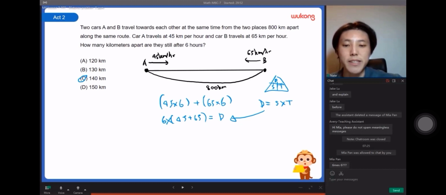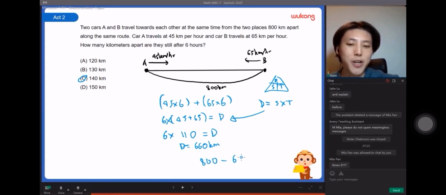And that's going to equal 110 times 6, equal to our distance, so they've traveled a total of 660 kilometers. And all you have to do is to subtract from your total distance apart from each other, and they just got 140 kilometers left. Okay, and that is why C is the correct answer there.